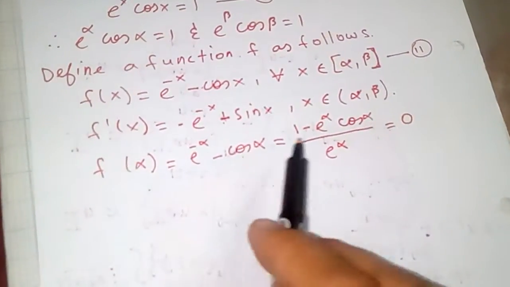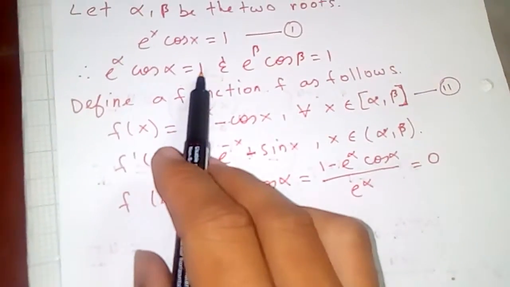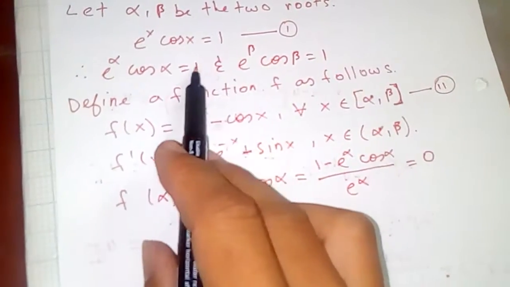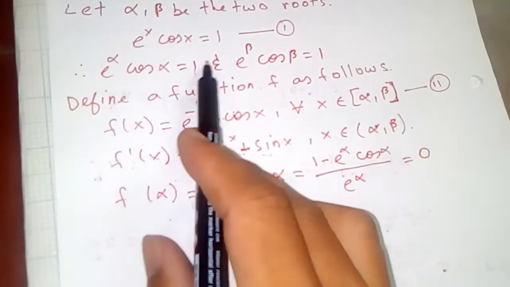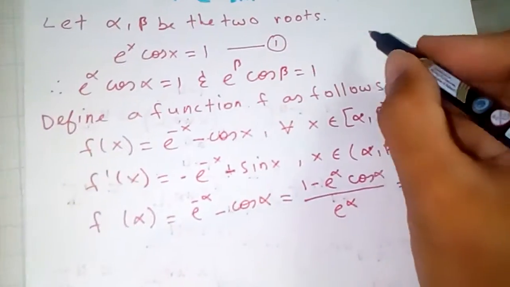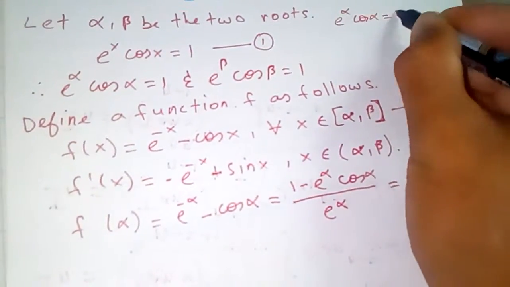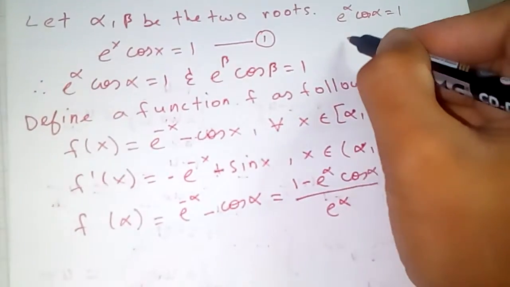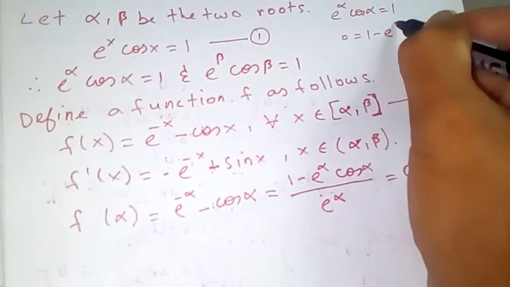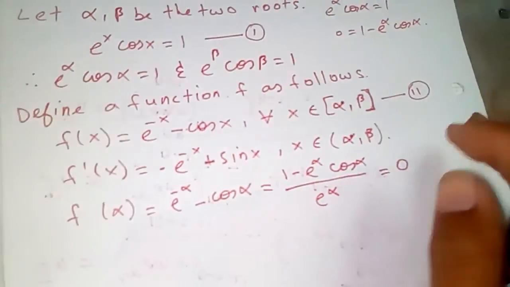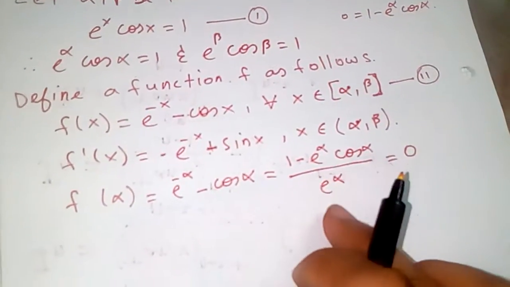Let me show you here: e to the alpha cos alpha is equal to 1. That means if you transfer, 0 is equal to 1 minus e to the alpha cos alpha. So 0 over something is 0.